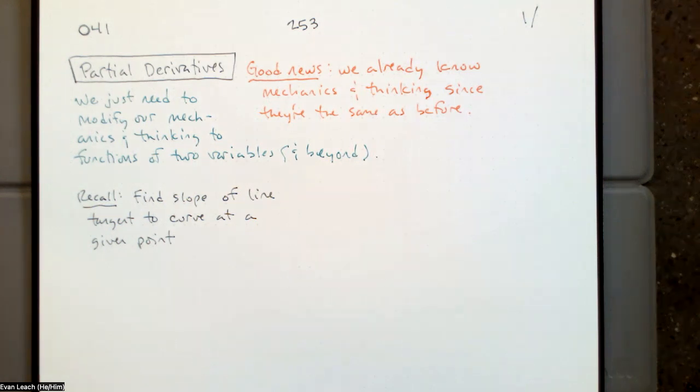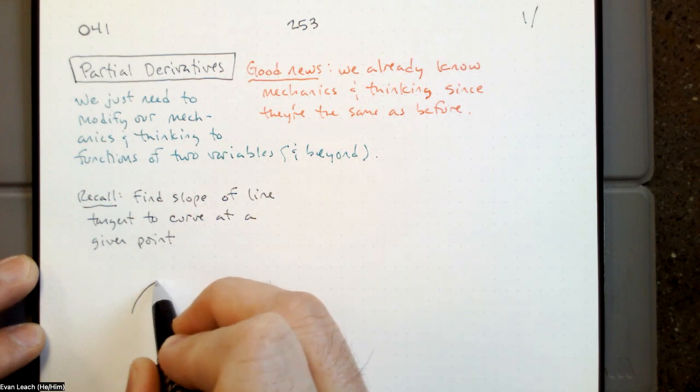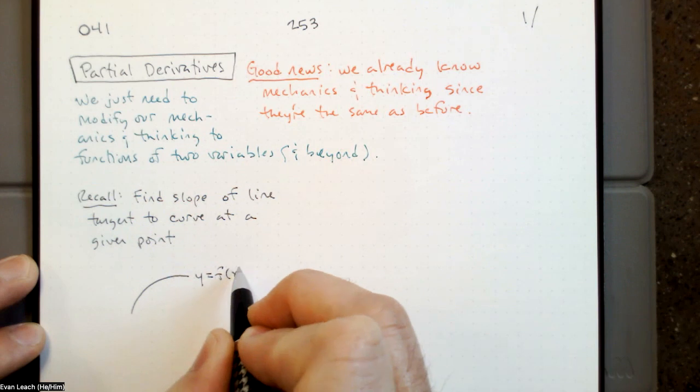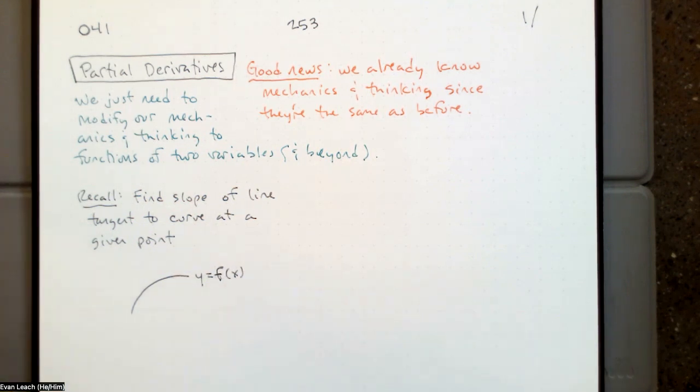So if we had some curve, we described that curve with a function, and then we had some point.